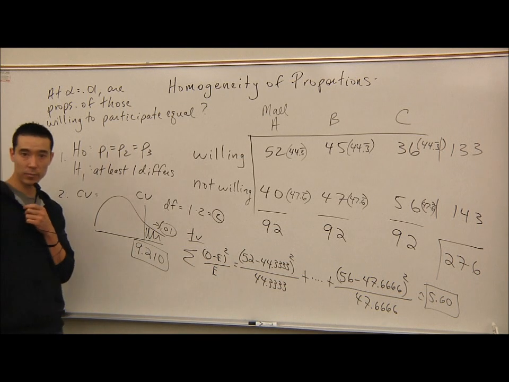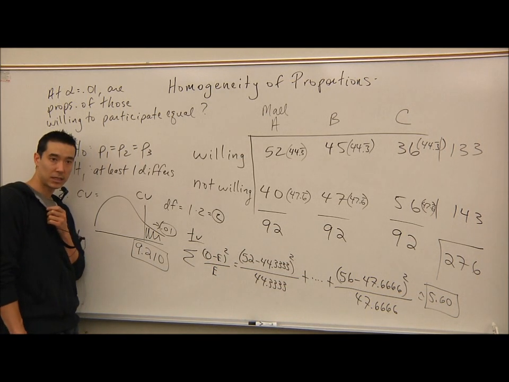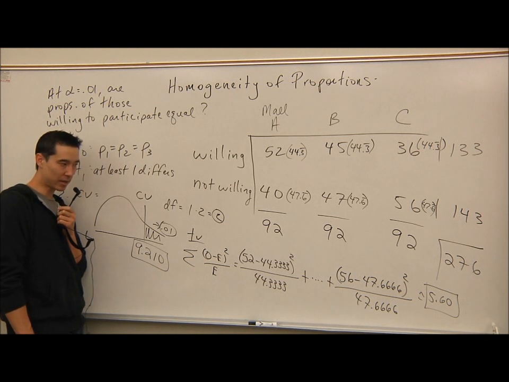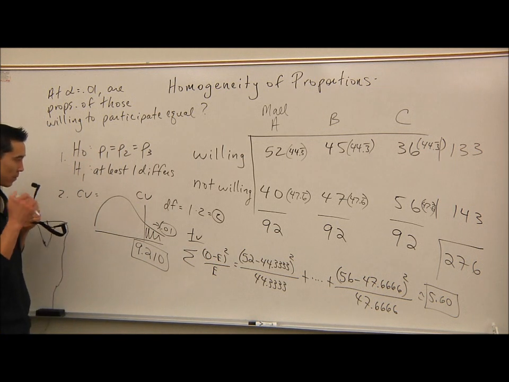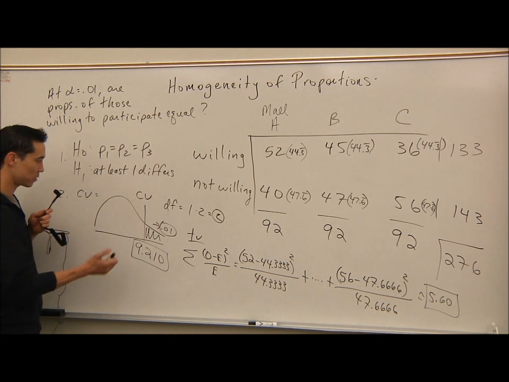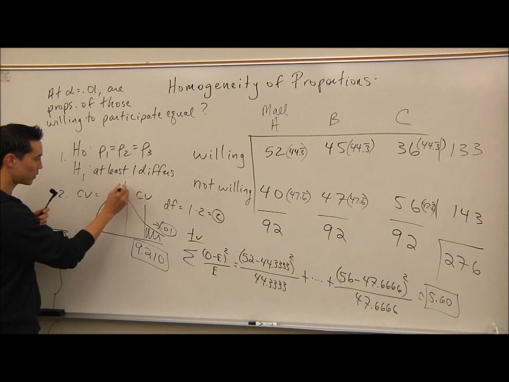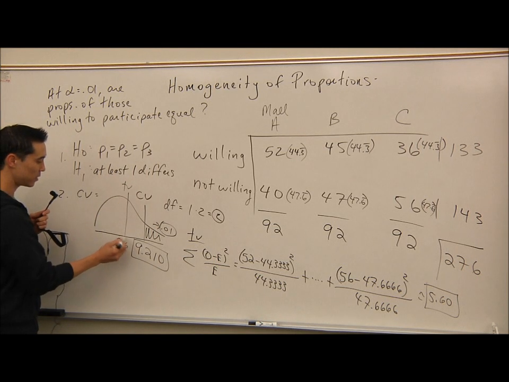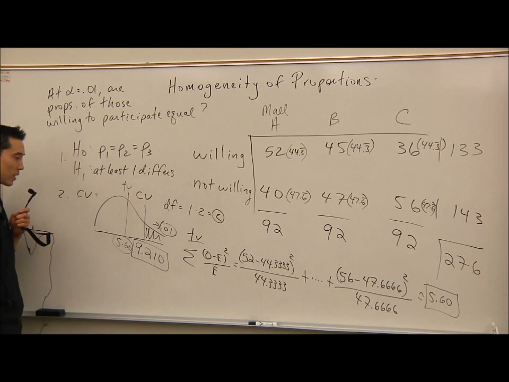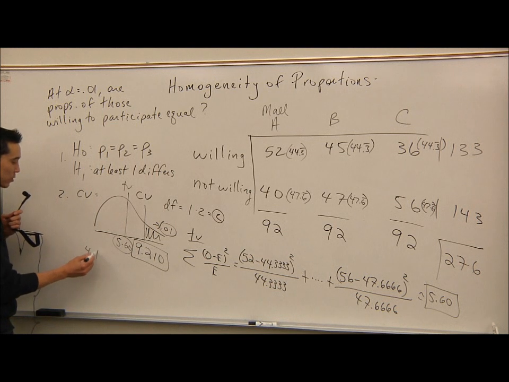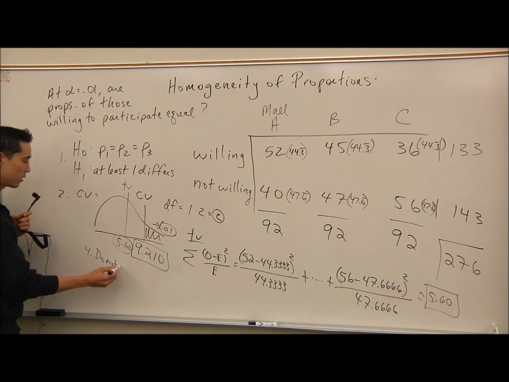Did anybody get about 5.60? Yes, no? A couple of you? Great. So everybody should get approximately 5.60 when you add them all up. And I'm going to finish this problem off. So 5.60 is right here somewhere. It's not in the rejection region. So I move to step 4. Do not reject H0.